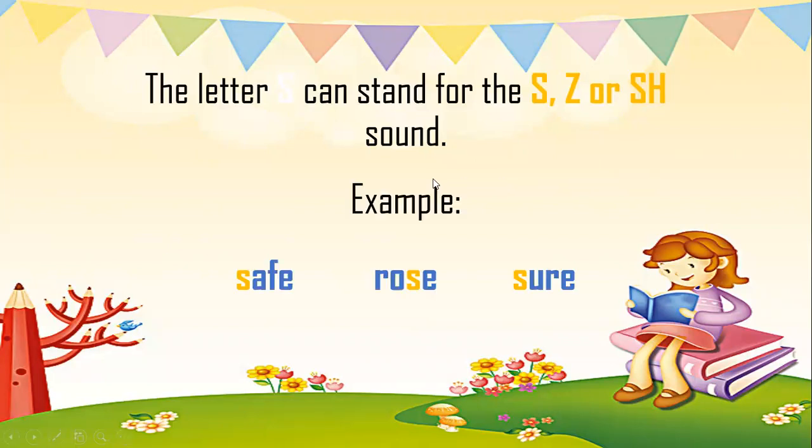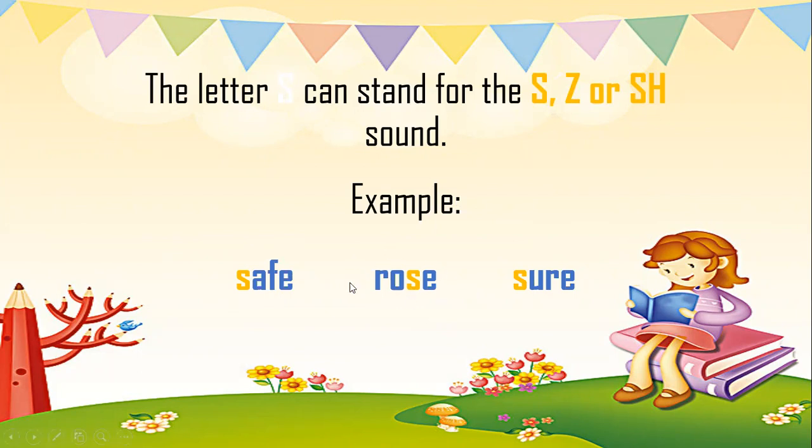Just to finish with this rule, I am going to show you some examples. Remember that in the case of the letter S, we have three different sounds. And in these examples, we already have one representation of each of these sounds. In the case of the normal sound of the letter S, we have this example that says safe, okay?